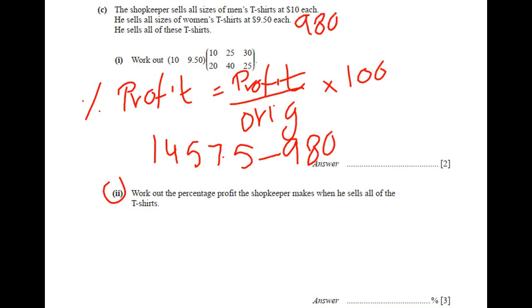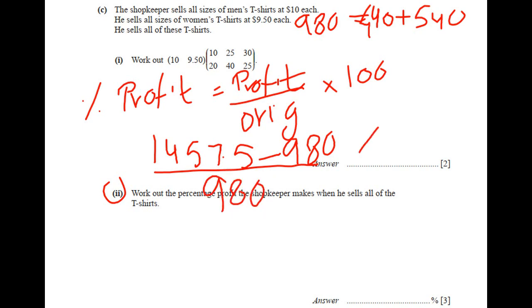We get 980 by adding 440 and 540. Right. Divided by original price, 980, times 100, which gives us 48.7%.